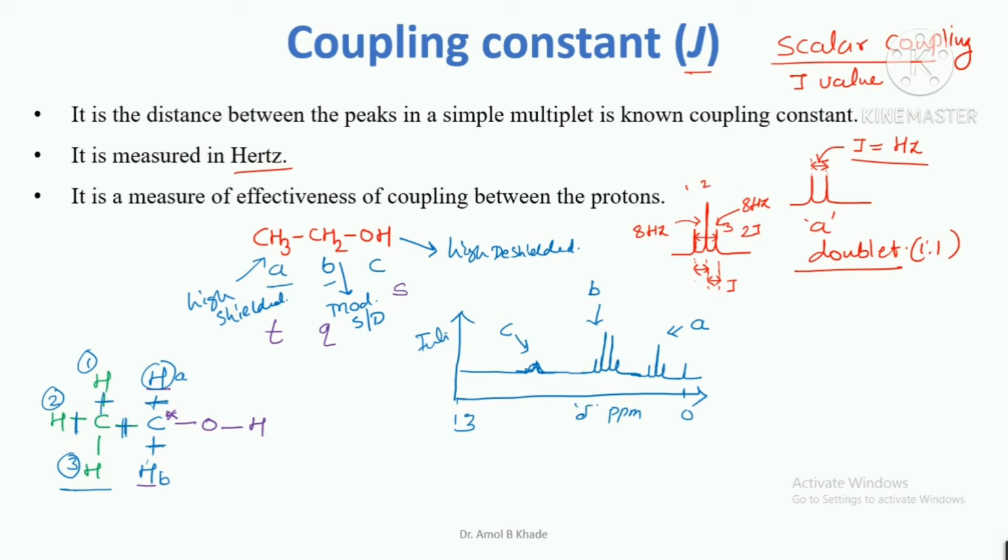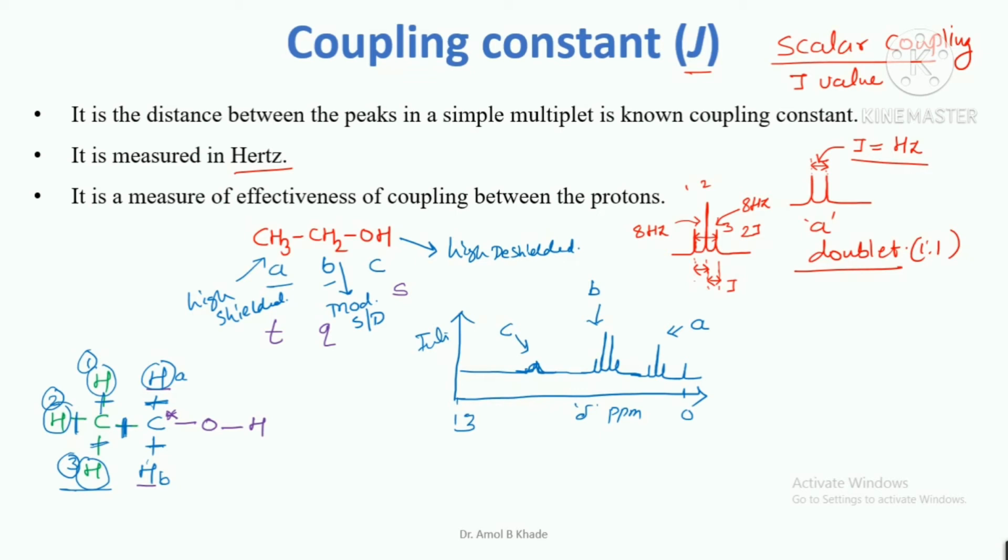Similarly, the third proton is also getting coupled to proton A by 1 bond, 2 bond, and 3 bond coupling. So that means the methyl protons are getting coupled in exactly the same way with these CH2 protons, so the coupling constant will remain the same. Similarly, the CH2 protons are also getting coupled with the 3 methyl protons in exactly the same way.